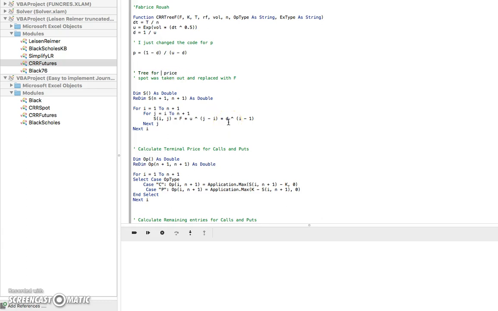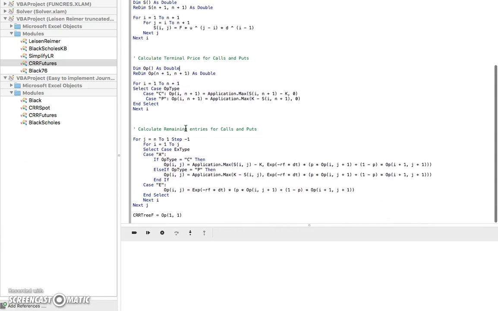We're thinking of a futures price tree developed in this double loop. Otherwise, the code follows in the same vein as the original code set out by Fabrice.